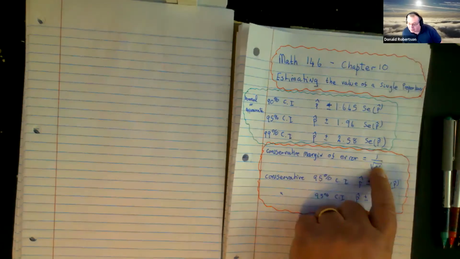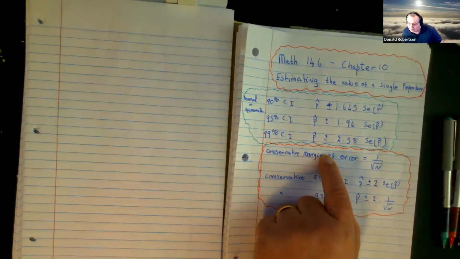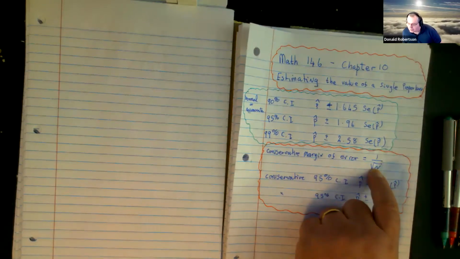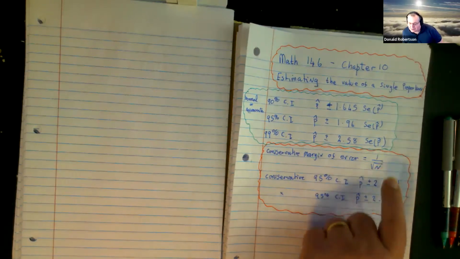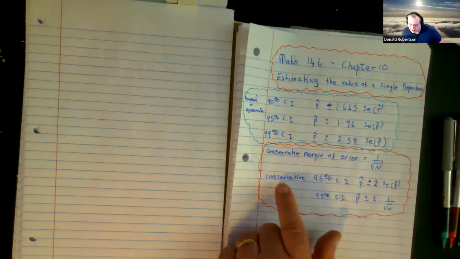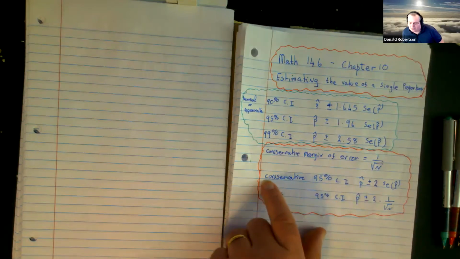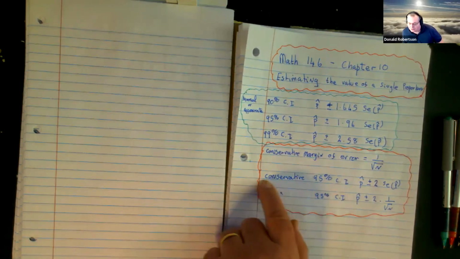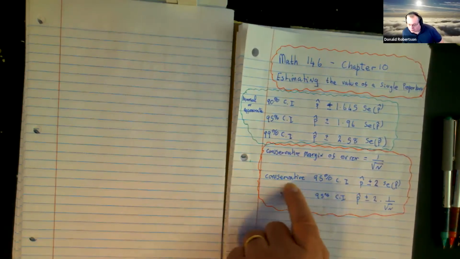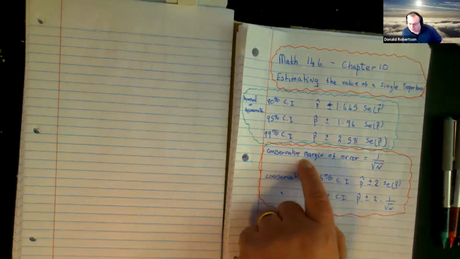So you've met that guy before. Remember, the conservative margin of error is just simply 1 over the square root of the sample size, right? And if you want to calculate a conservative 95% confidence interval, so the word you're looking for here is conservative margin of error.